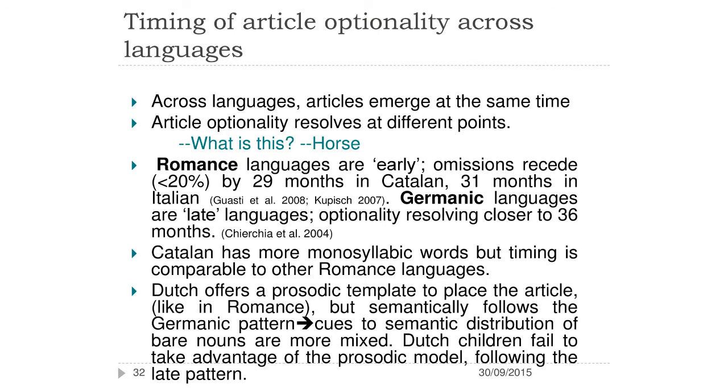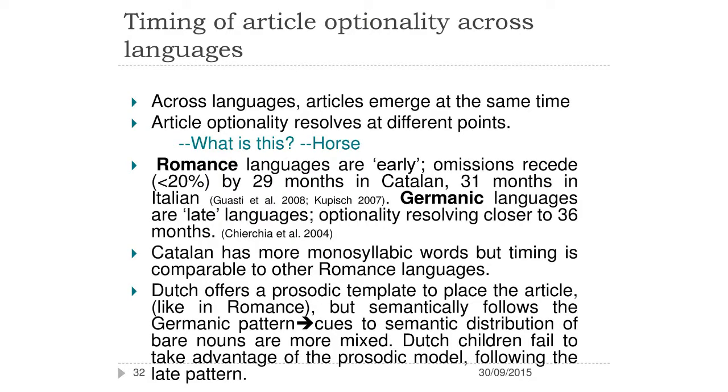And in some languages, articles are early. Spanish and French are those languages. In English, and early in the sense that their optionality stage disappears quicker. It's not that there's no optionality stage, but it drops out fast. And then the question is, why are some languages, English and German, slow to get rid of the optionality, and in other languages, babies do it quite quickly?